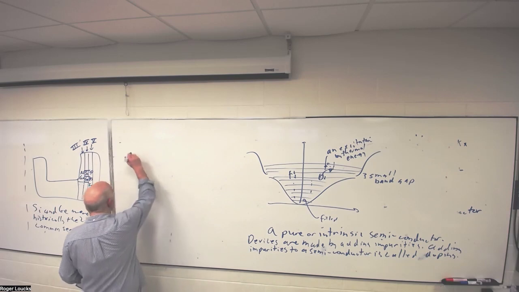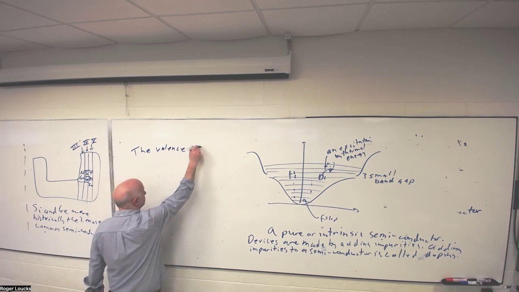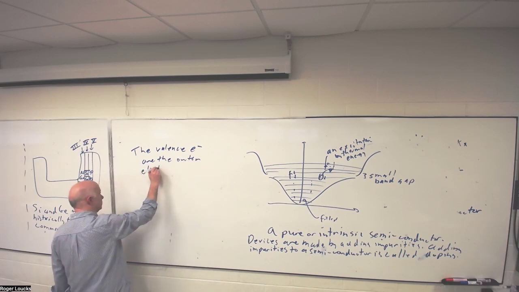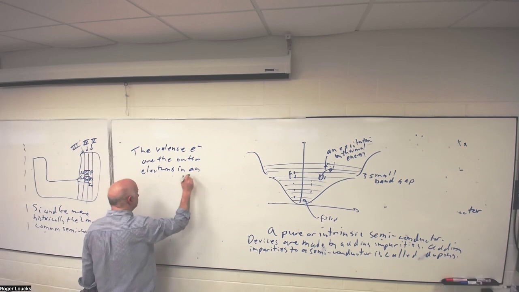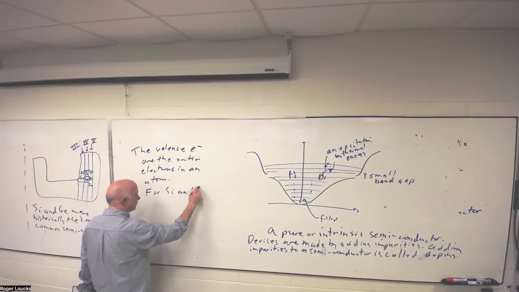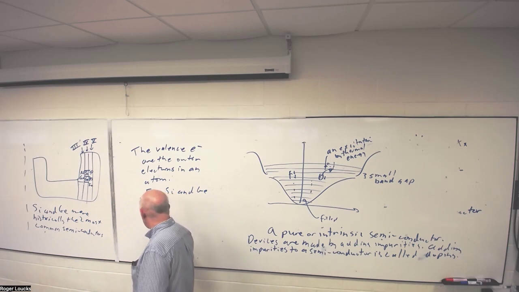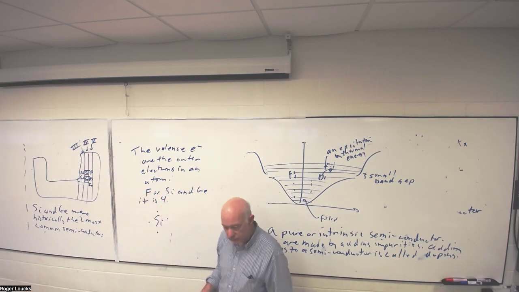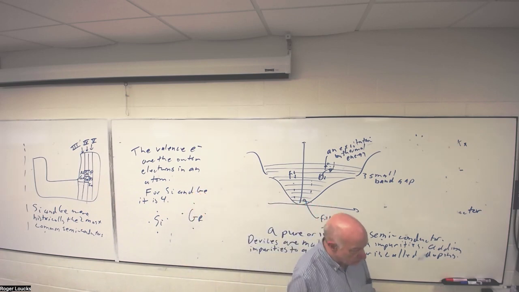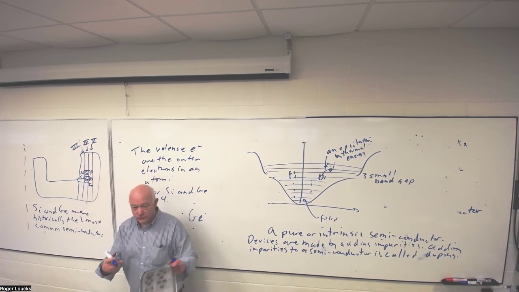The valence electrons are the outer electrons. For silicon and germanium, if I have silicon here, I would have the dots here, with my 4 electrons. Germanium, the dots here are my electrons. Okay. The column 3 here has 3 valence electrons. The column 5 here has 5 valence electrons.